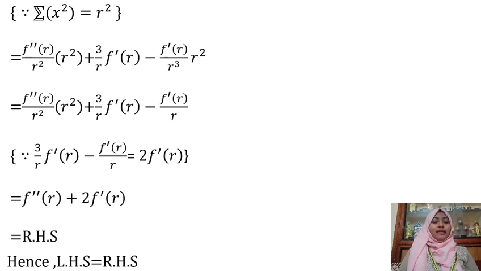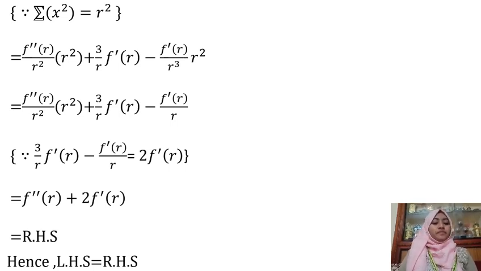We know that summation x square equals r square, so in place of summation of x square we write r square. Summation of f dash of r is 3 into f dash of r.